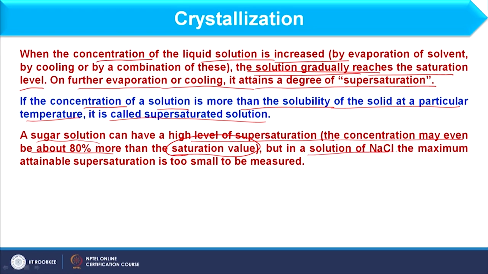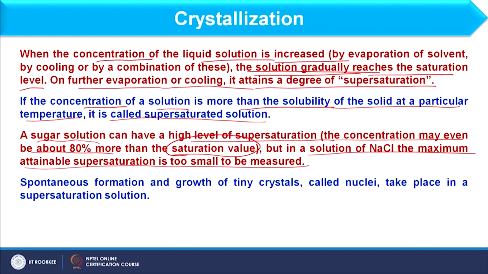But in the solution of sodium chloride, the maximum attainable supersaturation is too small to be measured. So, in sugar solution, the supersaturation condition occurs with a significant amount of sugar. However, that is very less when we are considering sodium chloride.